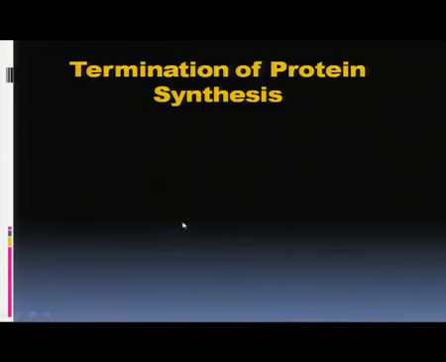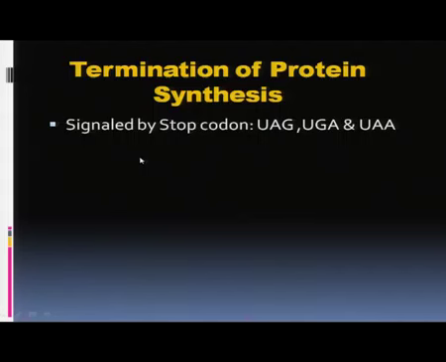Now, the last step of protein synthesis is termination of the protein chain. How will the protein chain be terminated once it has been initiated and elongated? This termination requires a stop codon.